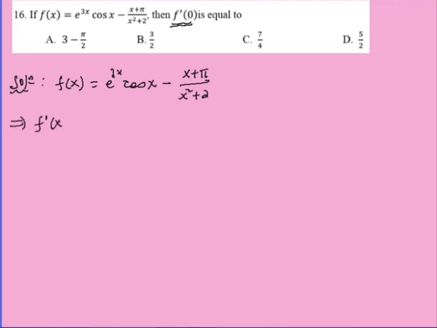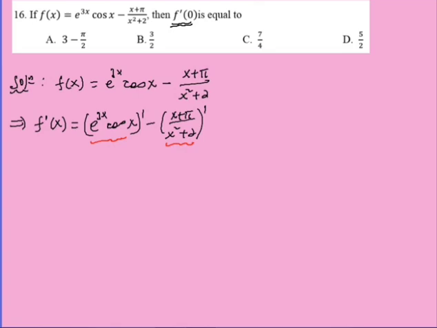The derivative of this function is the same as the derivative of e to the power of 3x cos x minus the derivative of x plus pi over x squared plus 2. So we apply the product rule for this part and the quotient rule for the other part.